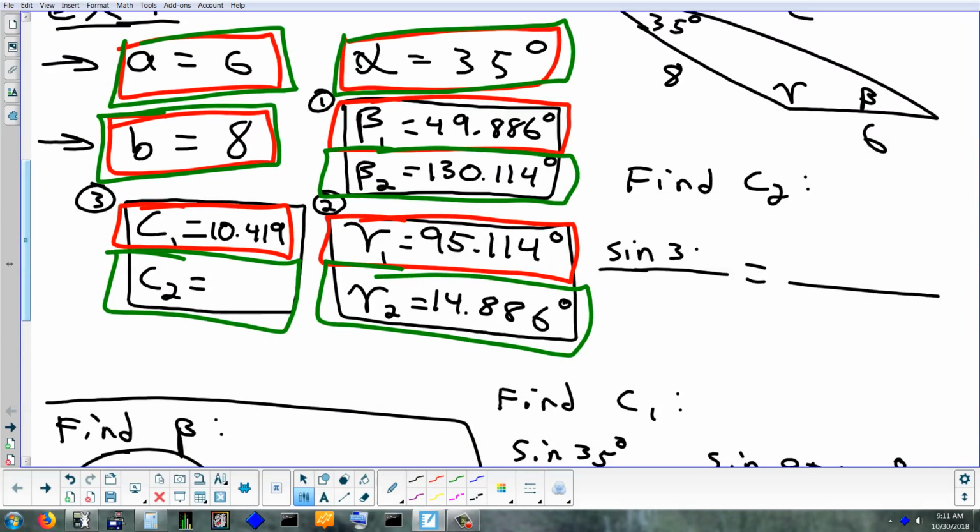So sine 35 over 6. And what's going to go on the other side this time? It's got to be sine of 14.886 over C2. Yep, 14.886 over C2.